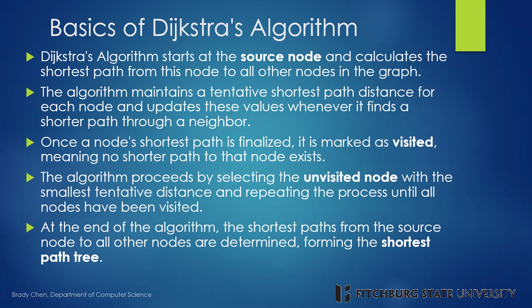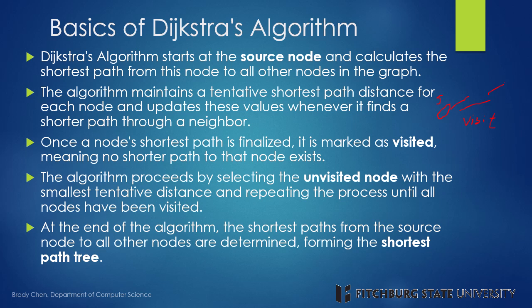The algorithm maintains a tentative shortest path distance and then updates it. Once a node's shortest path is finalized, it is marked visited. The important part is the visit. I will talk about that in an example next.